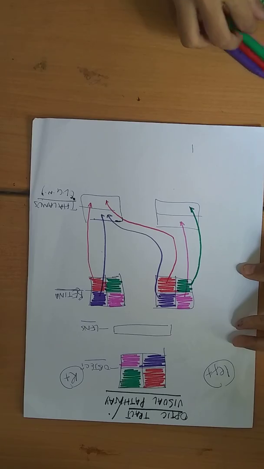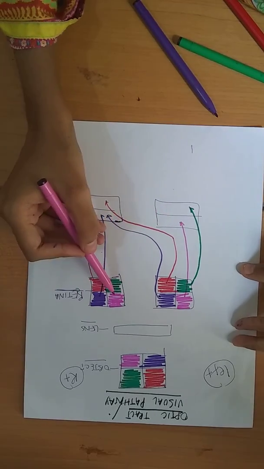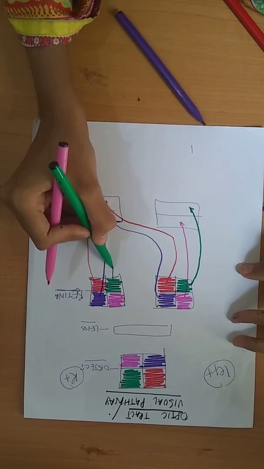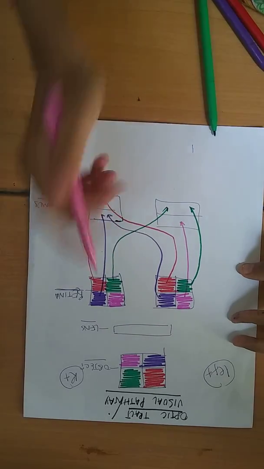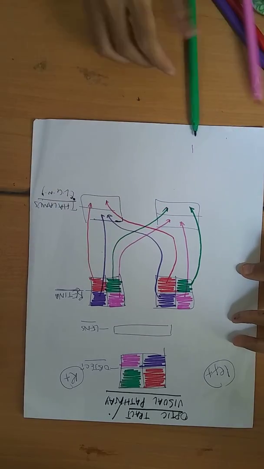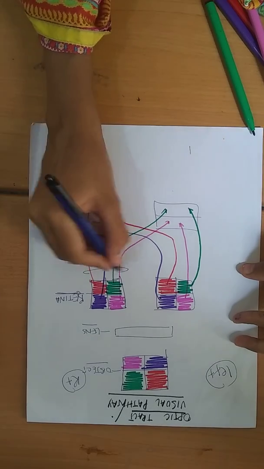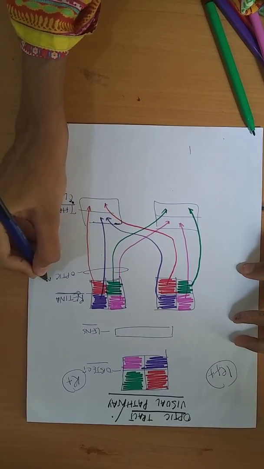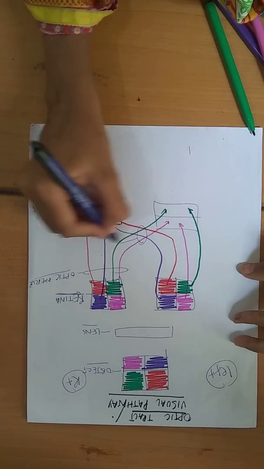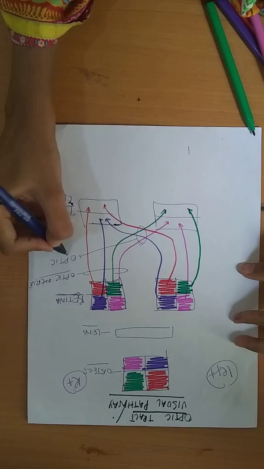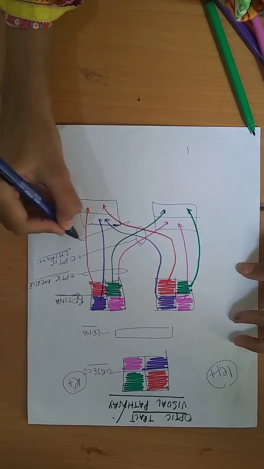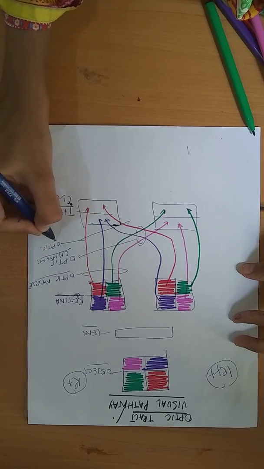Similarly, superior portion superiorly, but right side on left side, and inferior portion inferiorly, superior portion superiorly, but right side on left side. Now, this is the optic nerve. This decussating portion is the optic chiasm, and this portion is the optic tract.